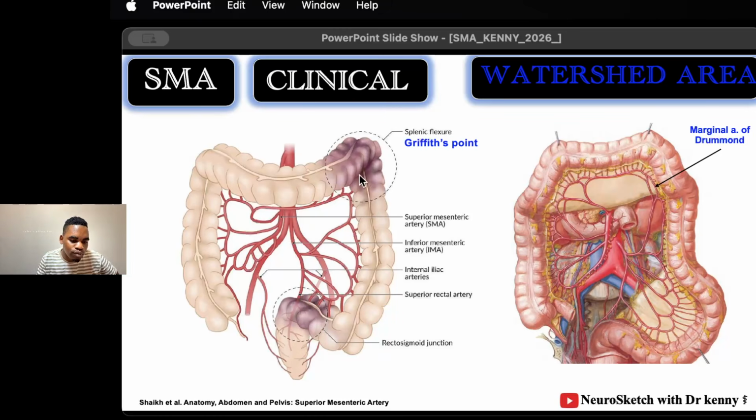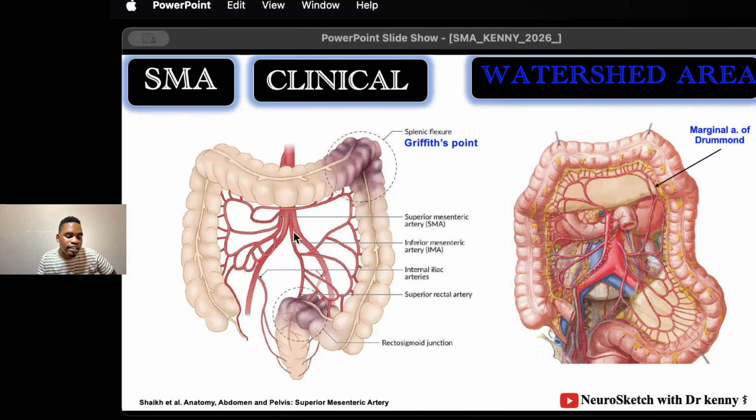So this is Griffiths point, and it is very important because it is the watershed area between the branch of the superior mesenteric artery and the branch of the inferior mesenteric artery. The superior mesenteric artery is sending here the right and the left parts of the middle colic artery, but the inferior mesenteric is sending the left colic artery, and they are going to anastomose at this region.